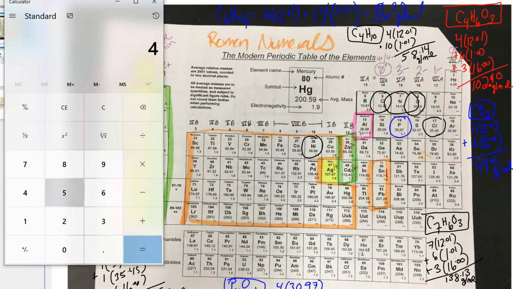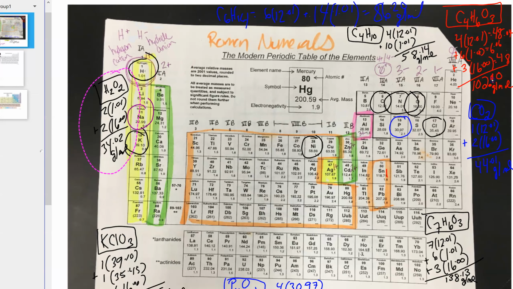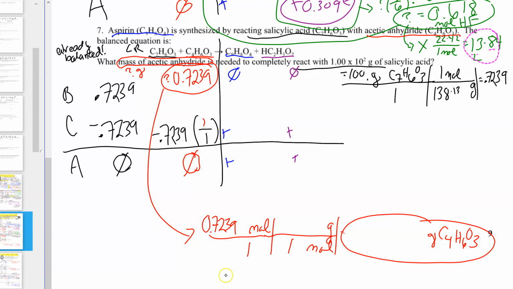Okay, so 4 times 12.01, 48.04, plus 6.06, plus 48, 102.46. Hold on. I need to double check my math here. And we're back. It's 102.10. I don't know what I did before. This right here, though, is a 1. So it's 102.10 grams.